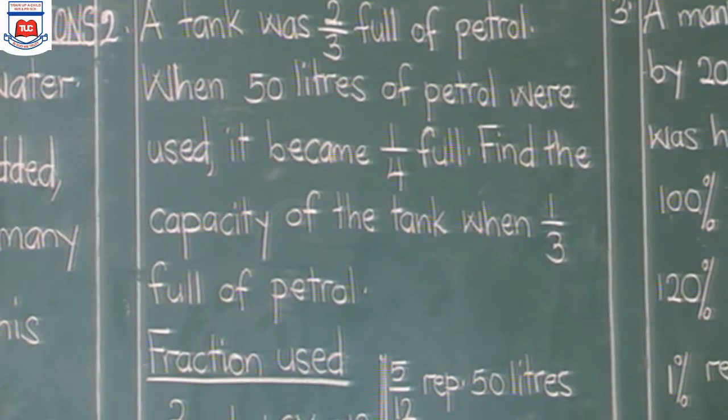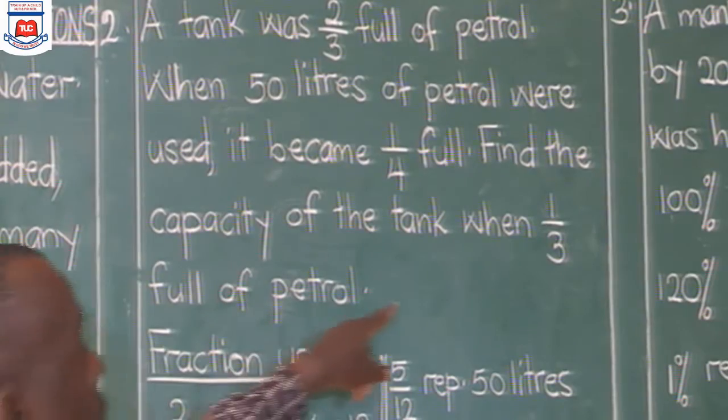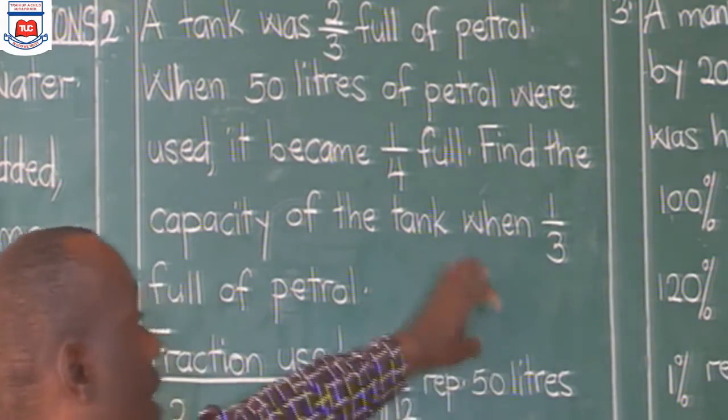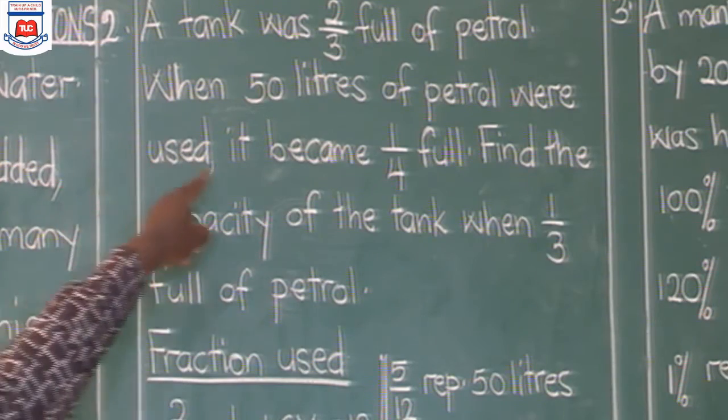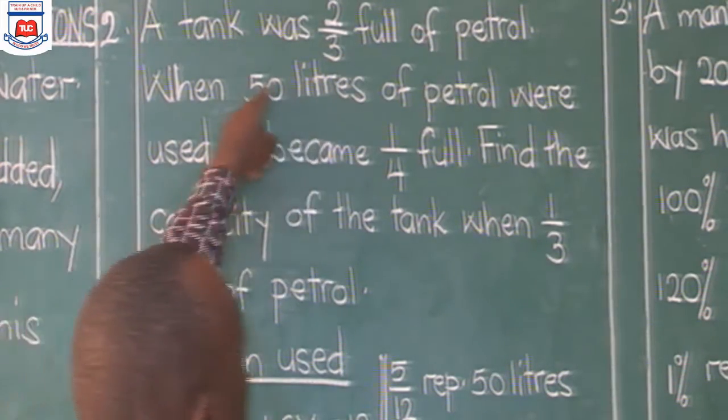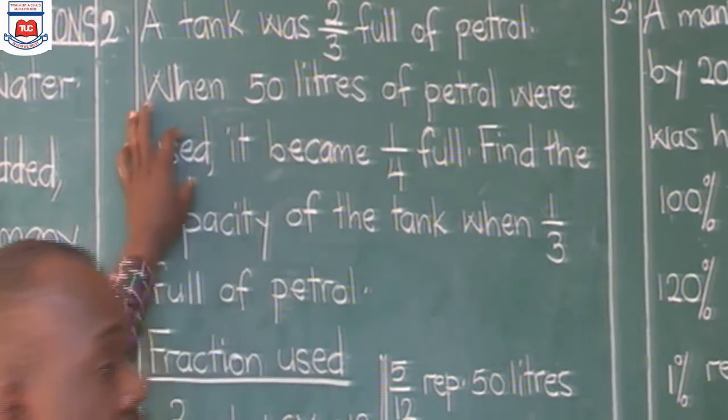It should be noted that in the first example, they were asking for a fully filled tank. But now they're asking for a fractional tank, that is 1/3 full of petrol. And again, in the first one, we looked at 30 liters being added, whereas in the second, 50 liters were used.